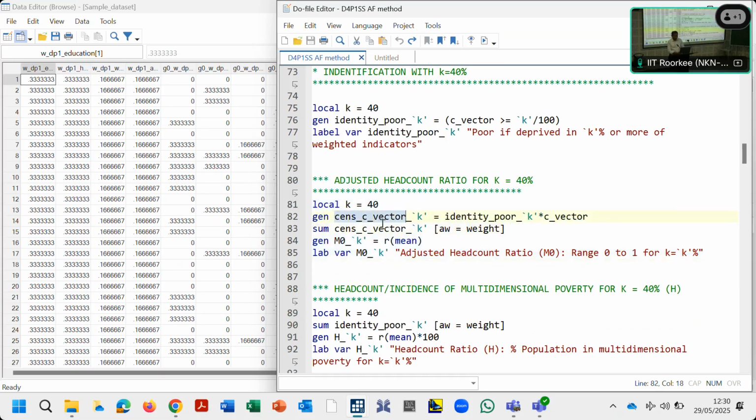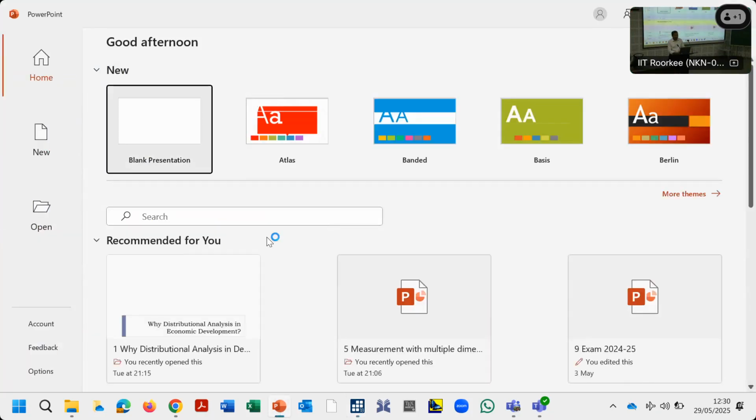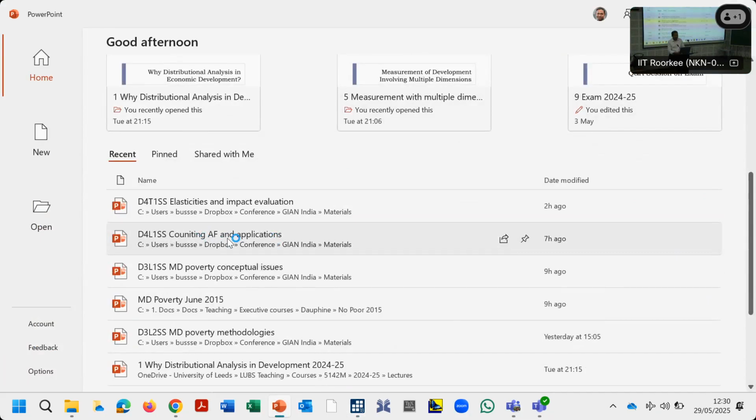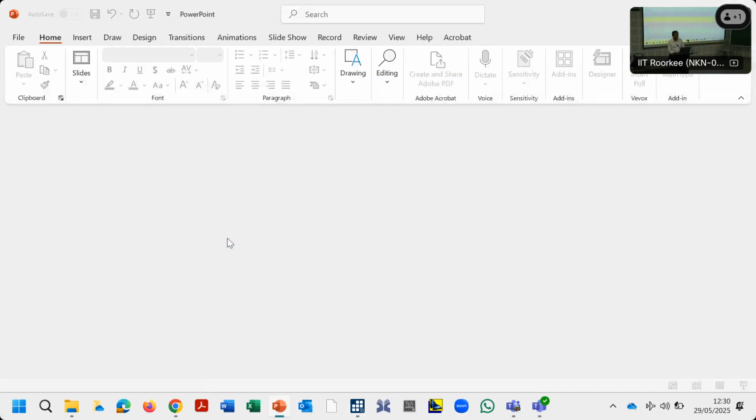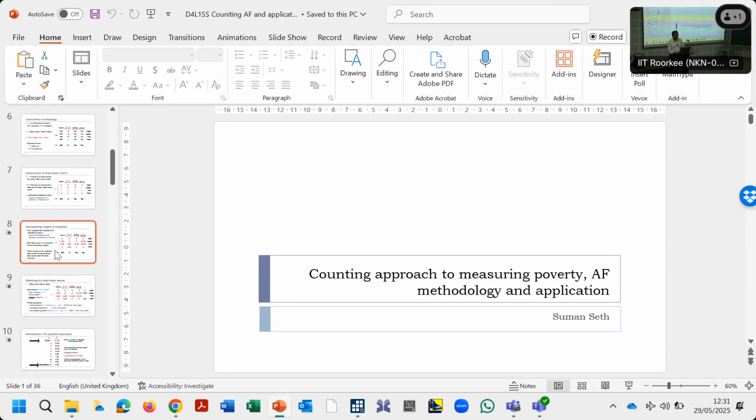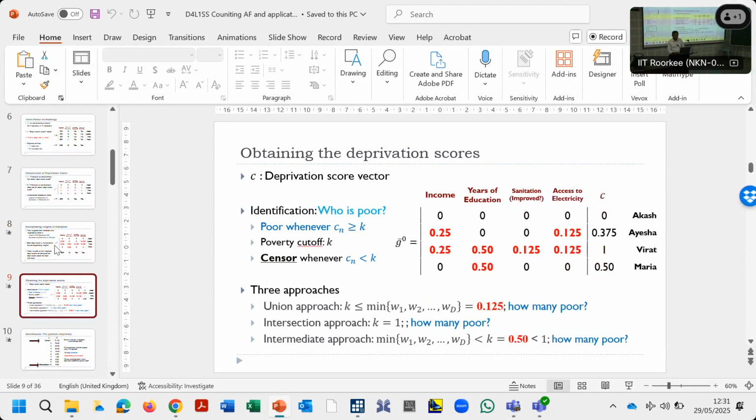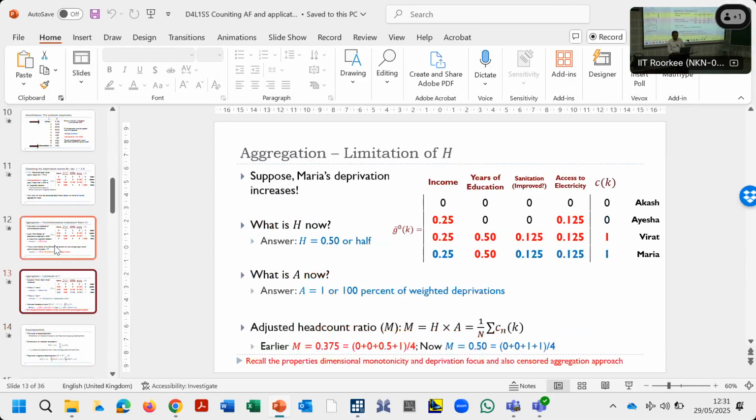Then we take a sum, because if you just take the average of the entire thing, that is your M0, right? You remember this computation? You had to take the sum of all of them and divide by 4. That's your M0.